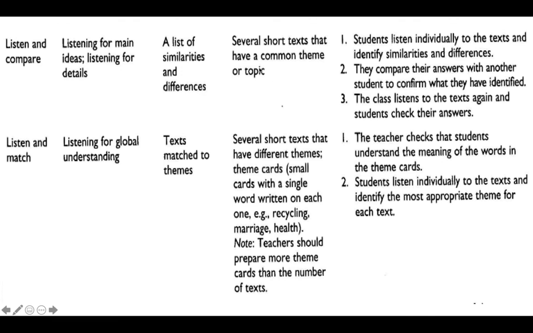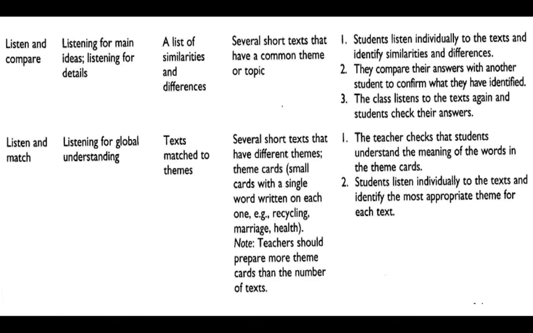The materials that can be used here are several short texts that have a common theme or topic. So you use texts that have the same idea, and then they need to compare or contrast them. Number 1, students listen individually to the text and then identify similarities and differences.